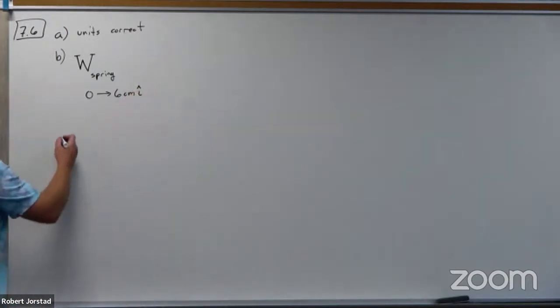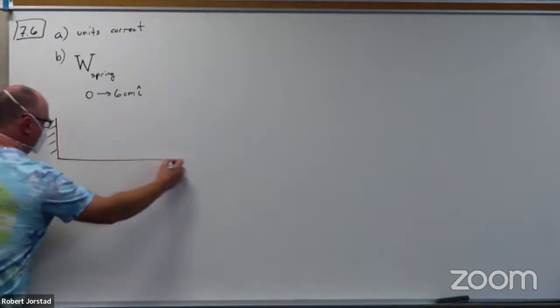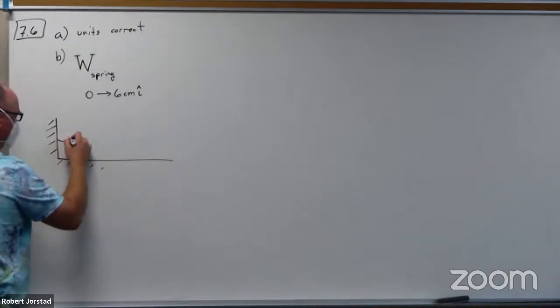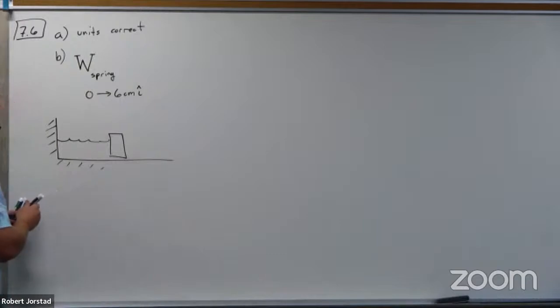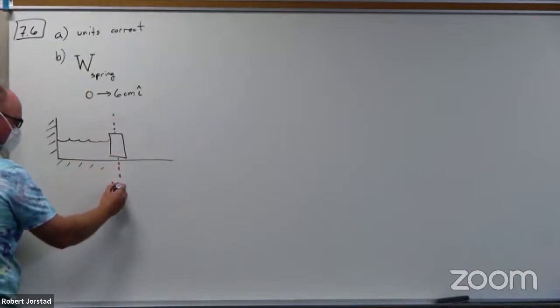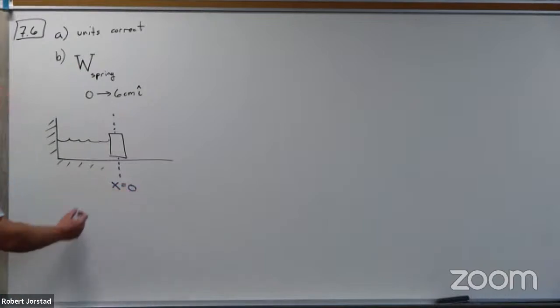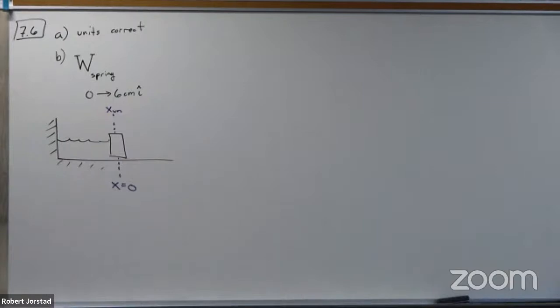All right, so in this picture, I'm going to draw a little picture here. We're starting at 0. I'm assuming this is also x unstretched. That's what we were talking about just for half an hour there.